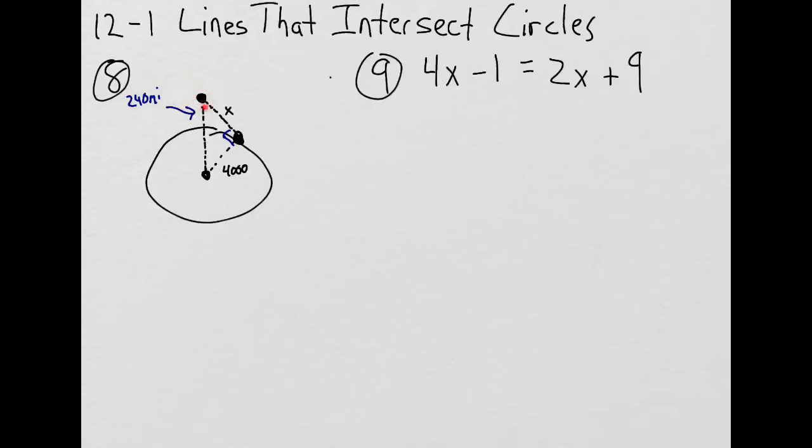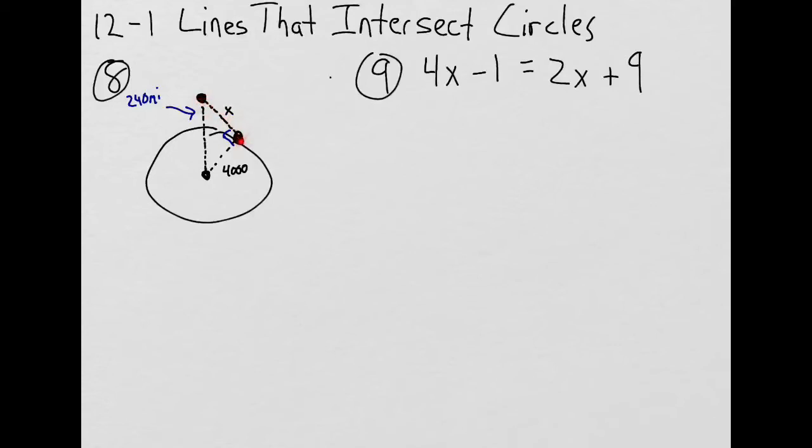You have the satellite up here, and they're telling you it's a distance of 240 miles from the surface of the Earth. So that's that distance right there. The question is asking, what is the distance from the space station to the Earth's horizon to the nearest mile? So that distance is right there.